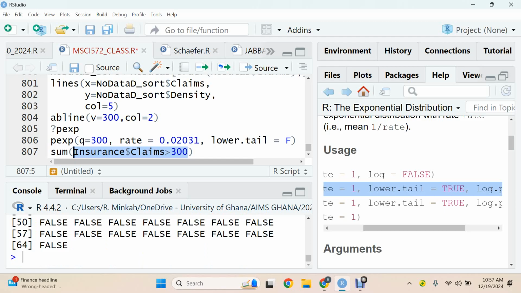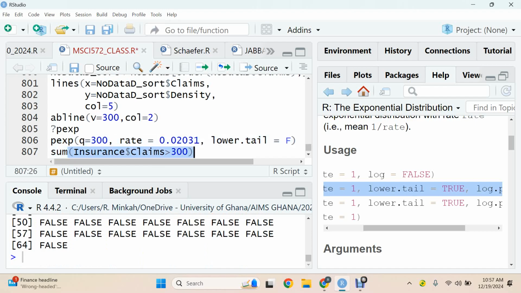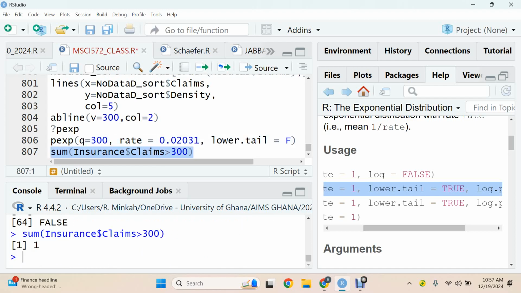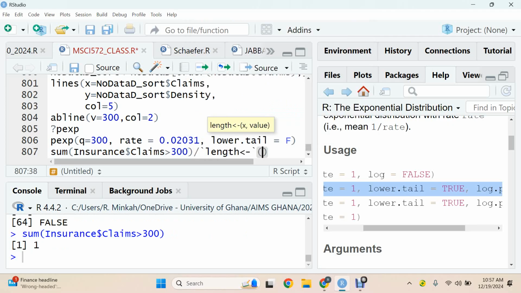Is that okay? So it means that the sum will give me 1. I can divide by the length of all this. We know it's 64, but we can just do it like this.